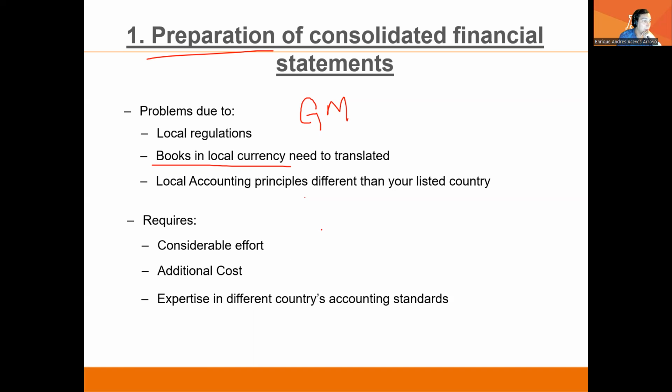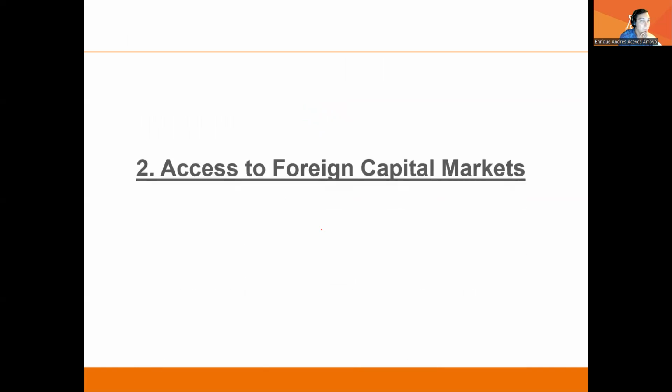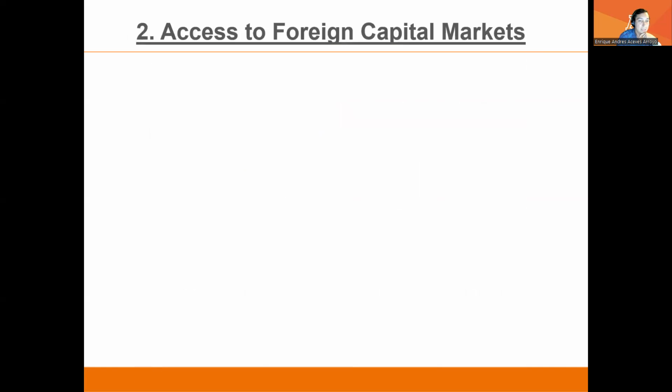Another problem is access to foreign capital markets. What does that mean? It means that if a company would like to raise money on a certain stock exchange, they have to comply with the requirements of that stock exchange.